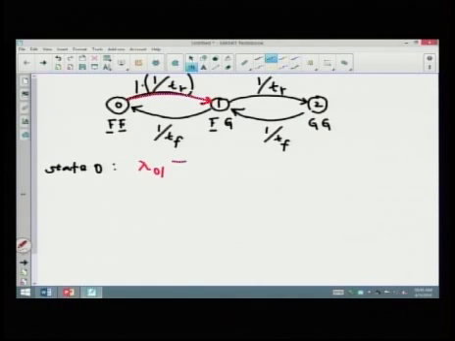So you multiply by pi 0, which is equal to the transition rate into state 0. That is only lambda 1,0, from state 1, so you multiply by pi 1. That is the balance equation for state 0. We need to do the same thing for state 1 and 2.